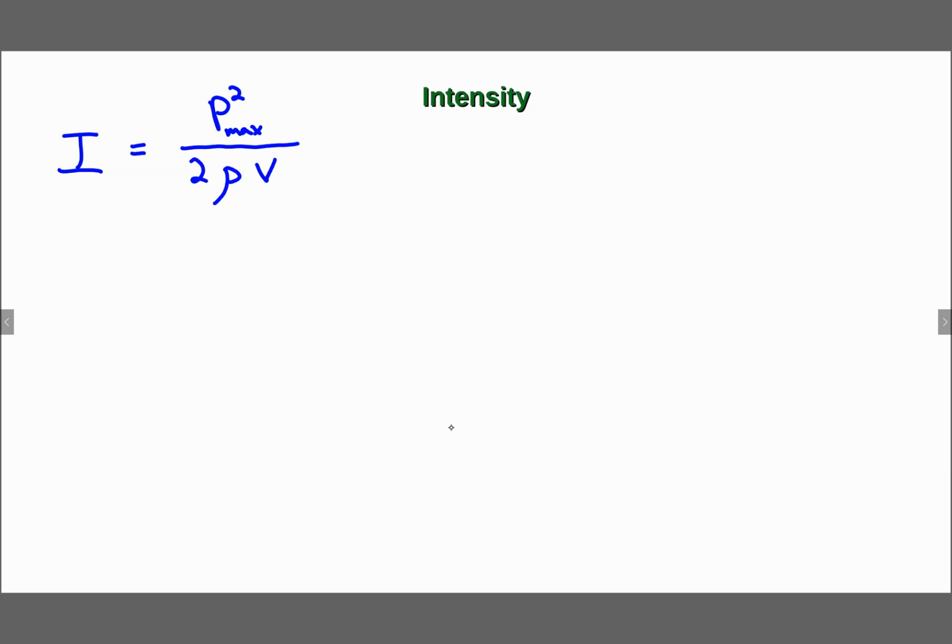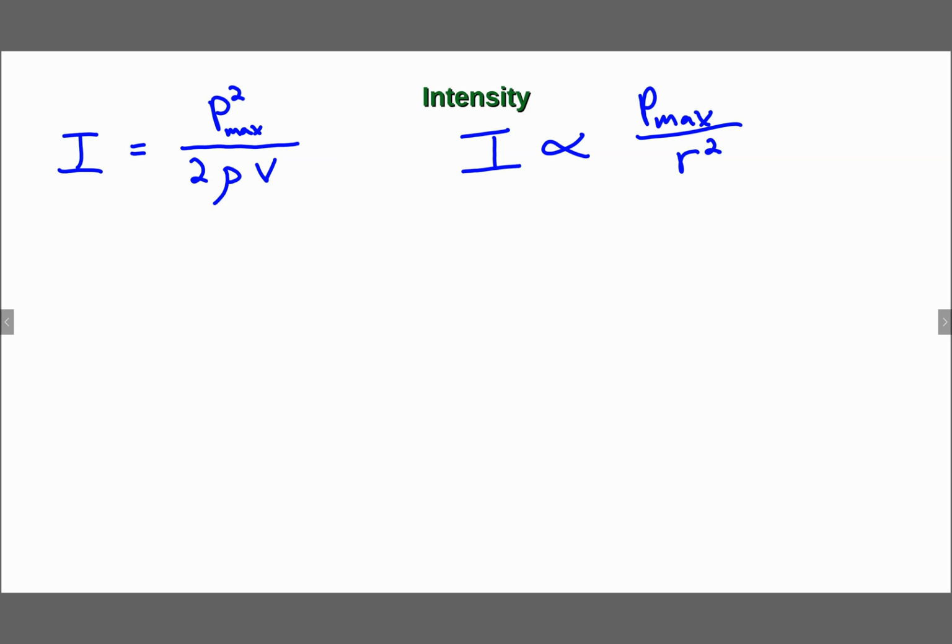Okay, and like I said, the intensity is related directly to the loudness of the sound, right? But intensity is also inversely related to the distance from the source. So intensity, of course, is related to P max. And so it goes like P max over R squared, where R is the distance from the source.